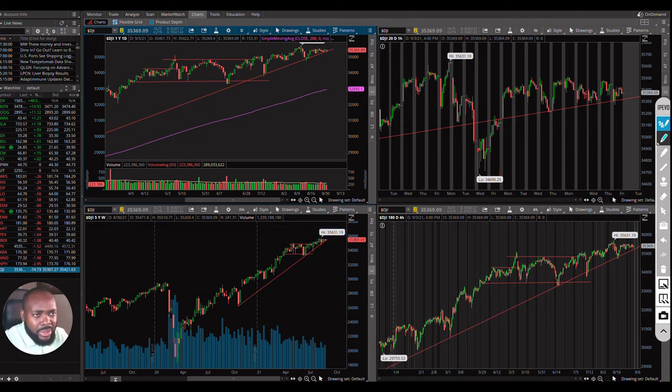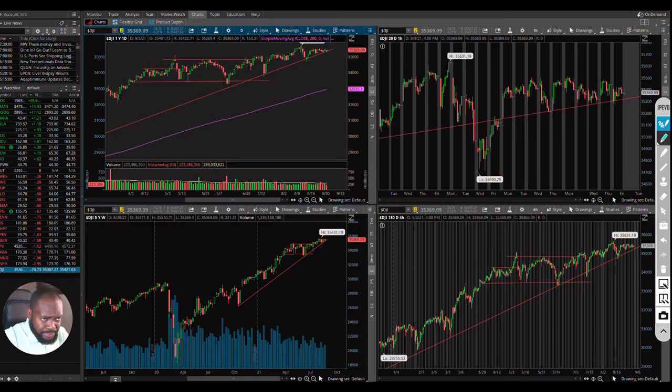If we're able to break out of that, then we can see Dow continue to move. But right now it's just sitting at support, so it's critical right here at this level that price continues to move up and not come back down below the trend line.